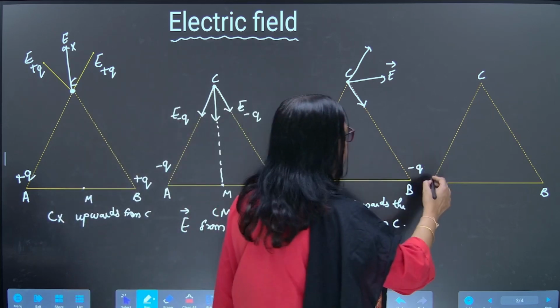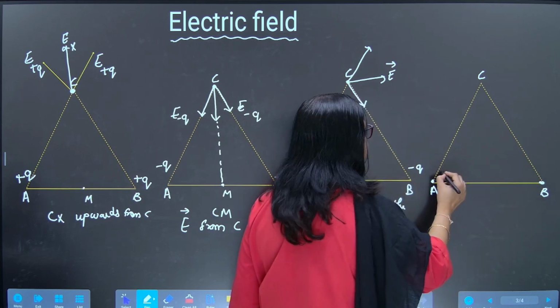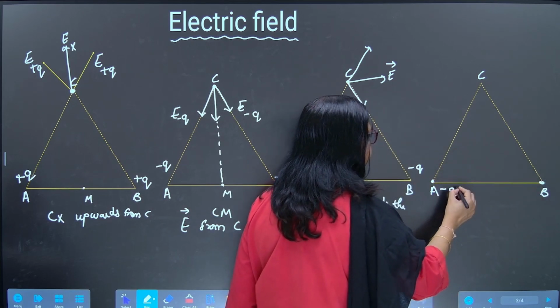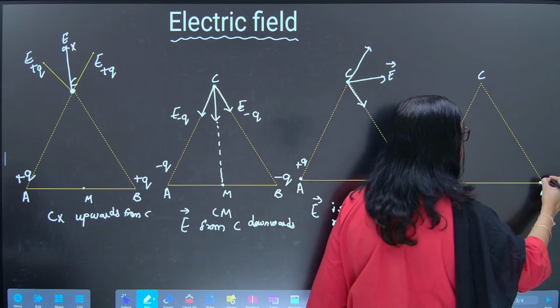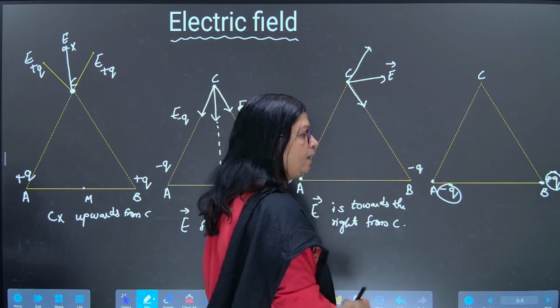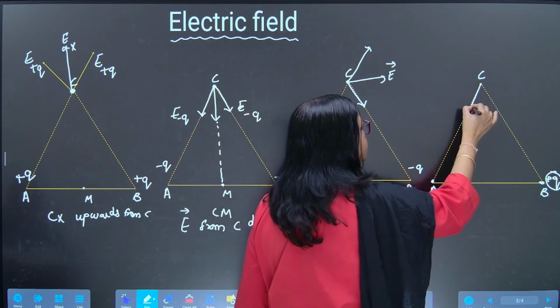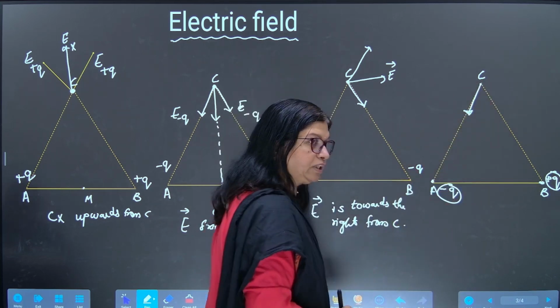Now, let us talk about another polarity where I have placed a negative charge here and a positive charge here. Again, following the same rule, if this is a negative charge, I go from A to C and come in, because this is a negative charge.